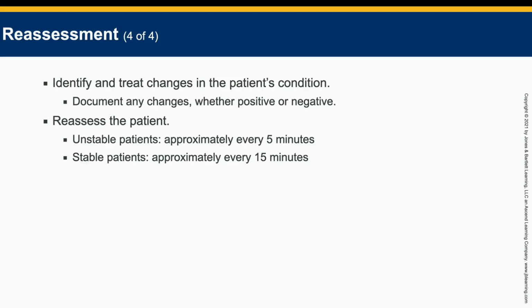For unstable patients, reassessment typically occurs about every 5 minutes, since their conditions can change rapidly. For our stable patients, reassessment's usually performed about every 15 minutes. This ongoing monitoring allows us to quickly recognize changes, adjust our treatments if necessary, and ensure the patient continues to receive appropriate care throughout the transport and transfer of care.